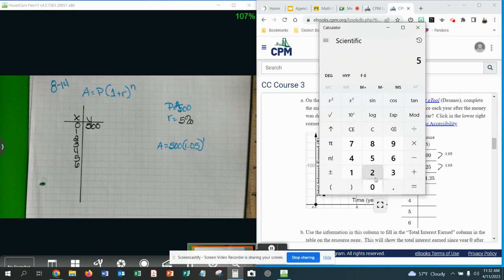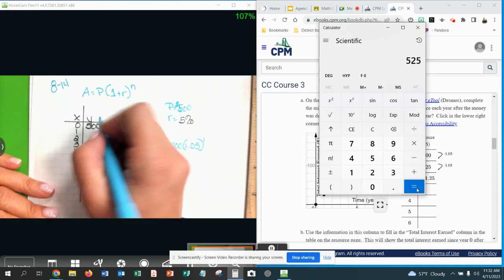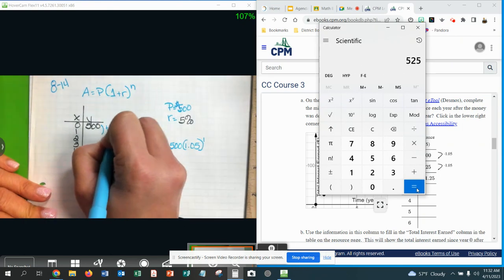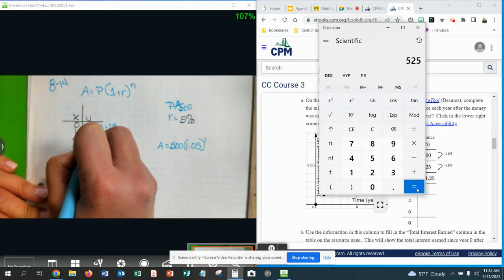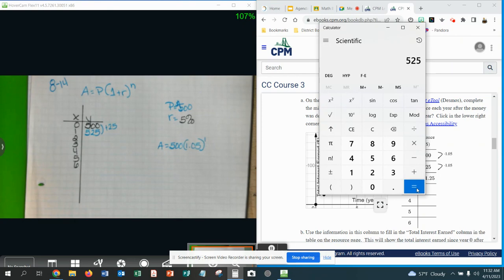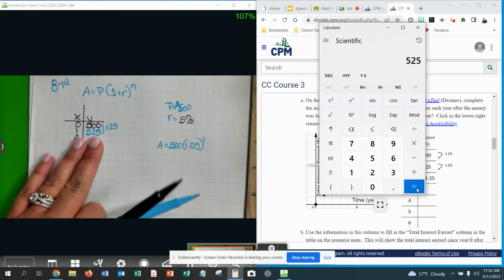All right, so 500 times 1.05 exponent of 1 equals 525. So we're adding plus 25. So now we have 525.